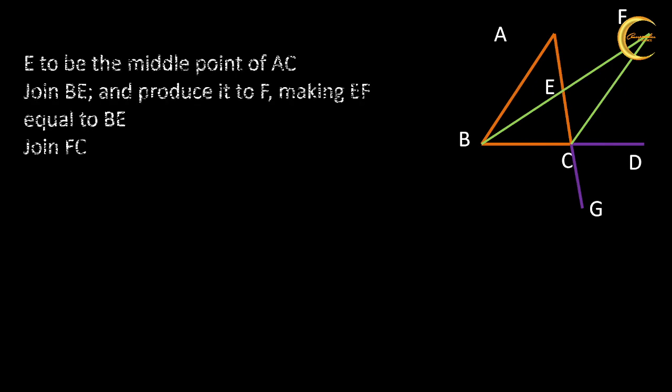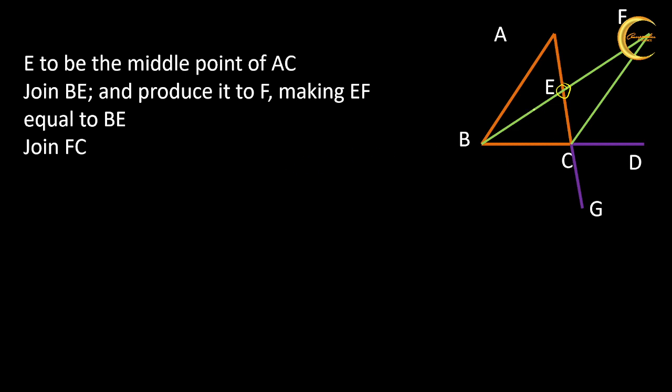Now we have drawn some lines here. So we have taken an E point here. This is the E point, and this E point is the middle point of this AC line or AC side of this ABC triangle.